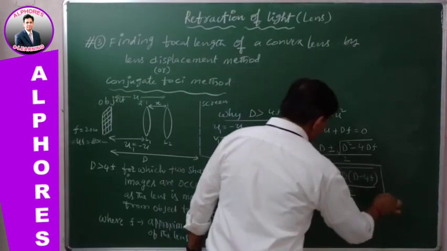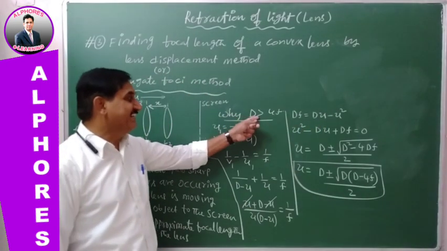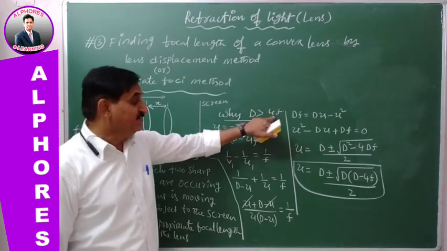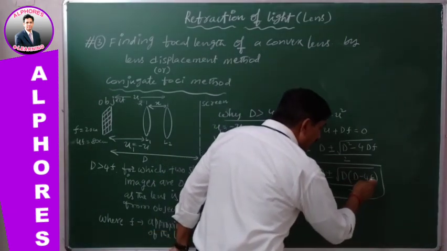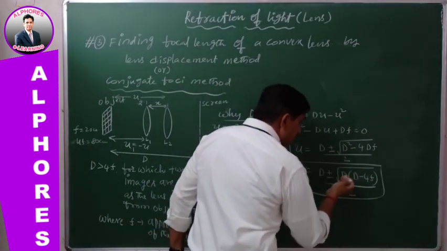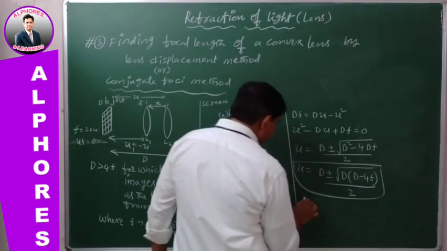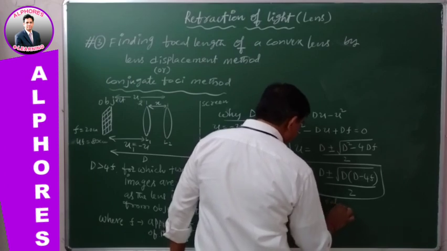From this formula it is very clear why D is greater than 4f. If D is greater than 4f, this square root value is positive. Therefore the u values are real.